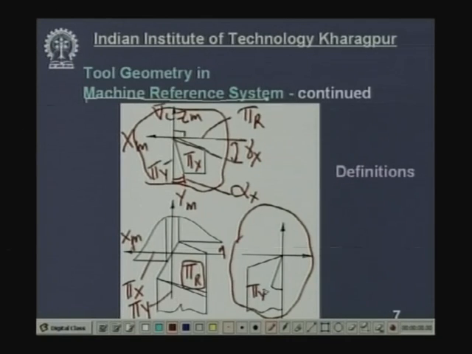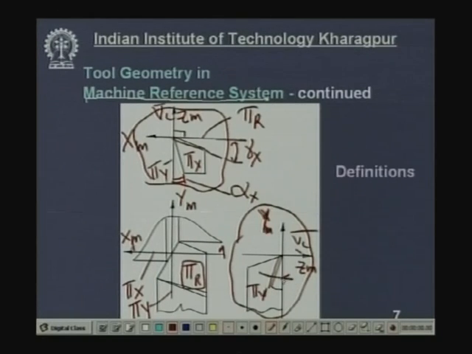This will be ZM, this will be XM, and this YM. This is the rake surface of the tool, and this is the reference plane, because this is the velocity vector.